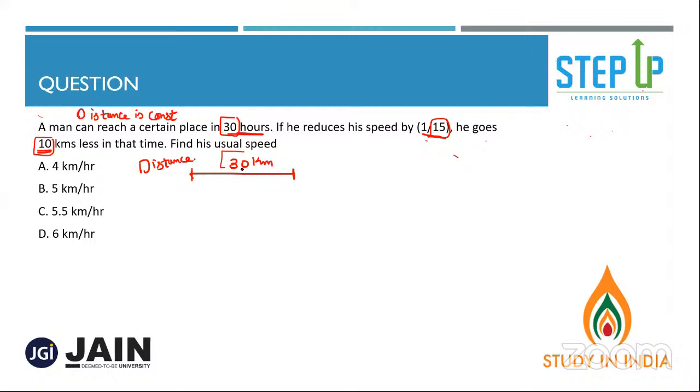So I took 30 kilometer as the distance. Is that clear? This is my distance, 30 kilometer. Now 30 kilometer in 30 hours. What will be my speed?